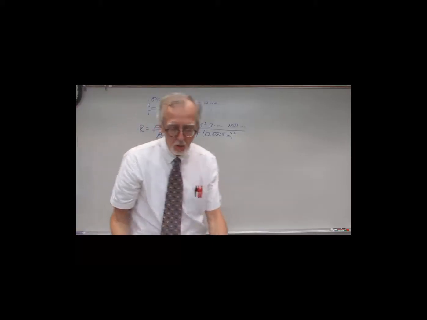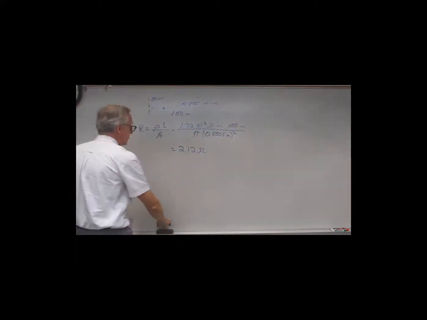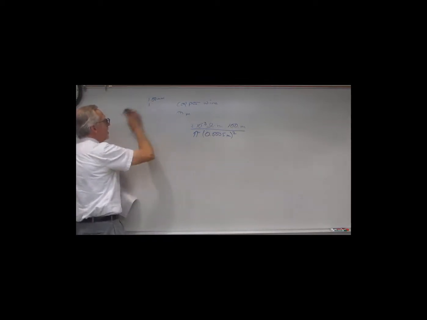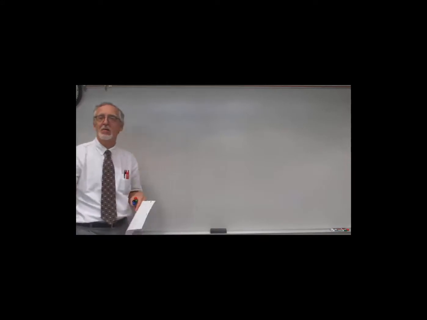All right, so one more point. I want to go back to the AC circuits just for a minute, because we'll be talking a lot more about AC circuits later on, but I want to give you just a little bit of an introduction.